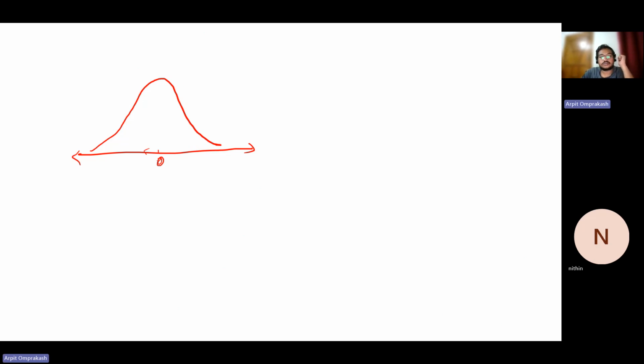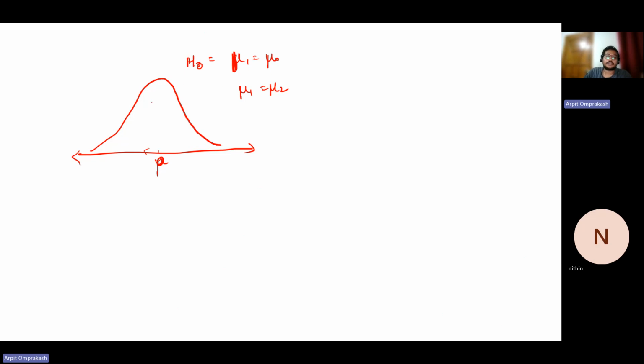It's not exactly 0, it's 0 or mu or some value, right? When we are doing a test of hypothesis, in the null hypothesis we have some statement like mu1 equal to mu naught, or mu1 equal to mu2, something related to the means of one population or two populations. Is it equal to a constant value, or are both of them equal or not?